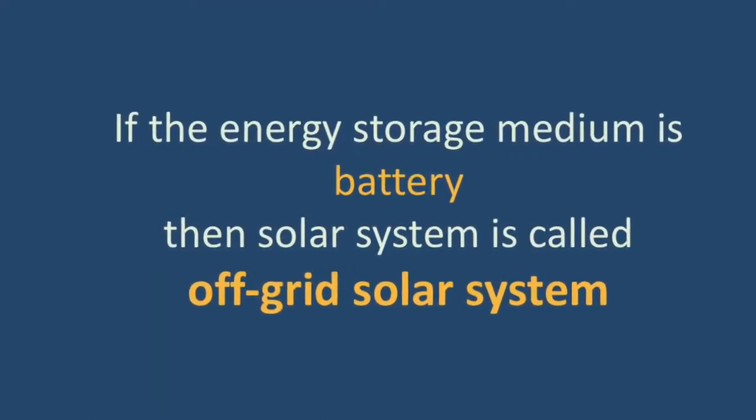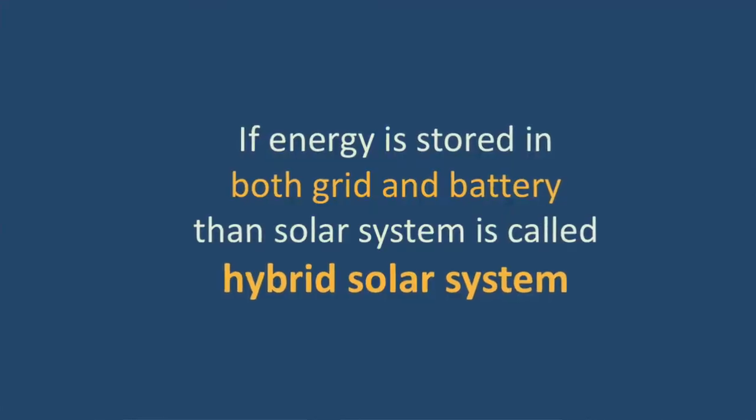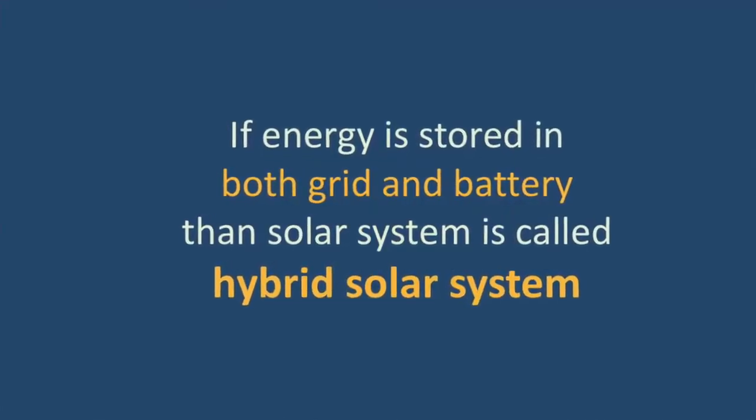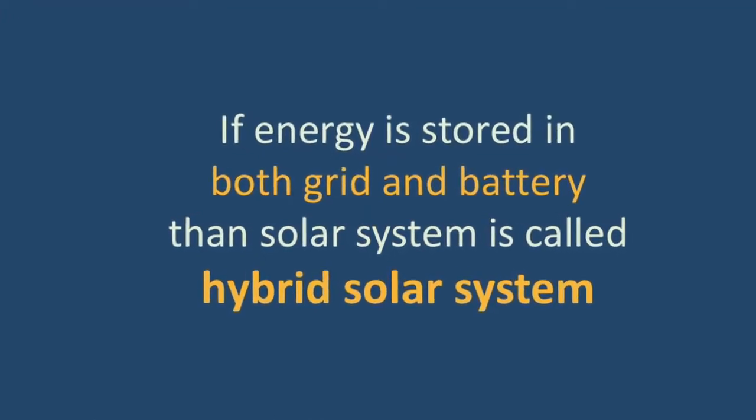Or if in your solar system you're sometimes interacting with the grid, taking or giving electricity, and sometimes storing energy in the battery, then it is called a hybrid solar system. All right. So this is how the solar system and its various components are.